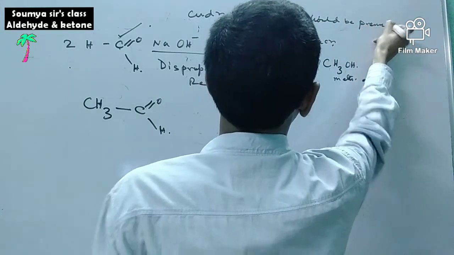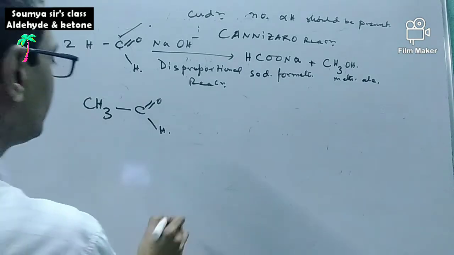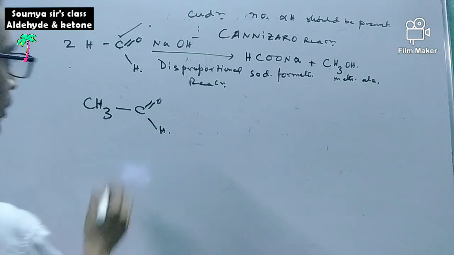So alpha hydrogen will be absent. But in case of CH3CHO, it is called aldol condensation.